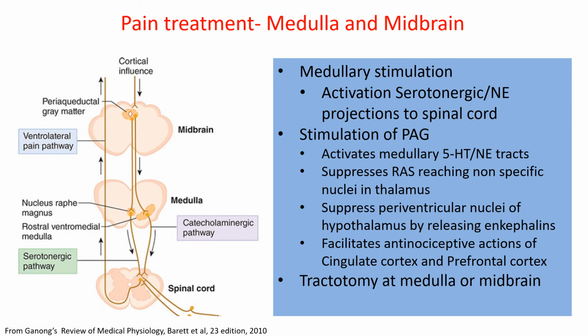In the medulla, medullary stimulation would activate a serotonergic bulbospinal pathway coming from the raphe nucleus, or the catecholaminergic pathway coming from the locus coeruleus. When they are activated, they will suppress the pain by closing the gate.